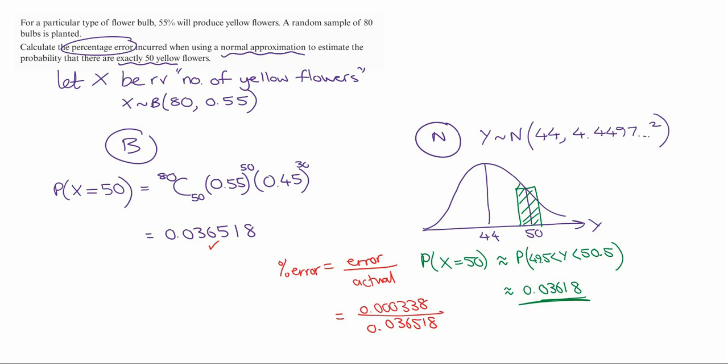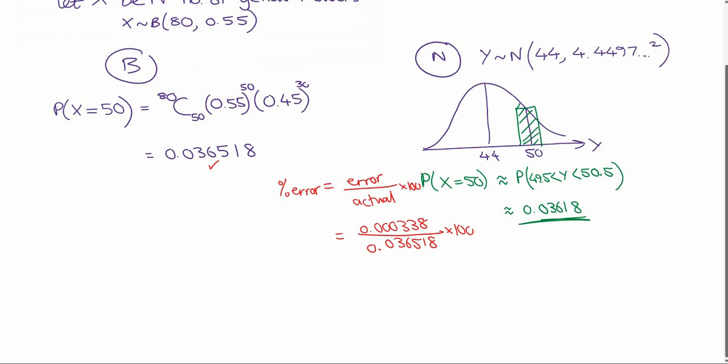So I'm going to head and divide that by 0.036518. And obviously percentage is times 100, so let's squeeze this in, times 100. So the error is only 0.926%. So you can see how accurate this normal approximation is compared to the exact answer. So that's only 0.9%.